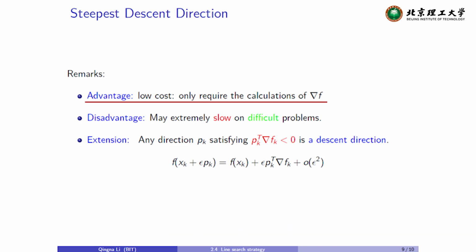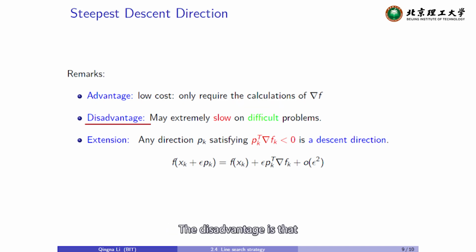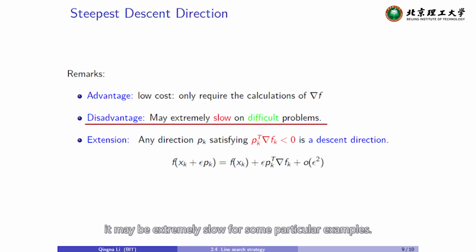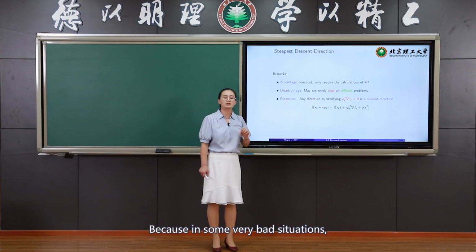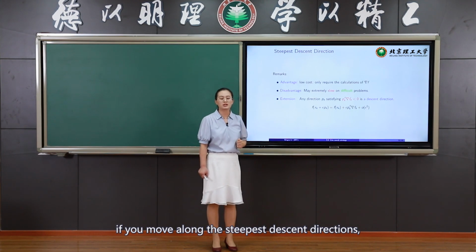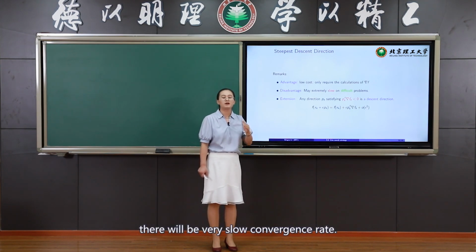The disadvantage is that it may be extremely slow for some particular examples, because in some very bad situations, if you move along the steepest descent directions, there will be a very slow convergence rate. We will discuss the convergence rate later in chapter 3.